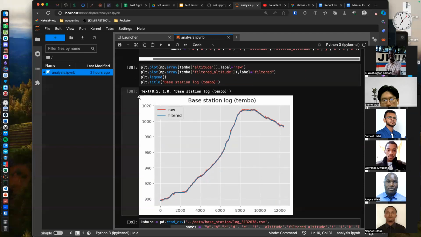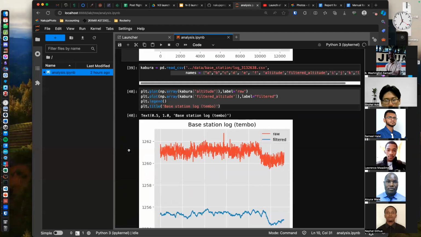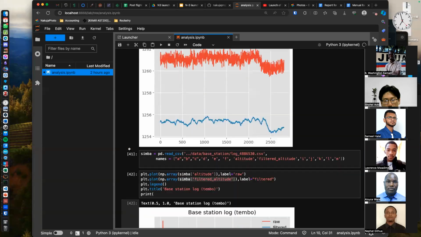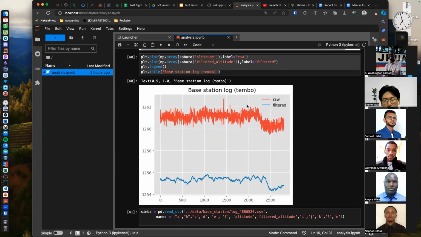And especially the logging data for the Tembo rocket, which has been recorded on the base station, seems to be working. So I think we can discuss this data. But still, we need to identify the issue of why the other logging data is.